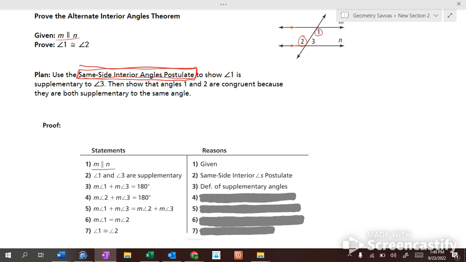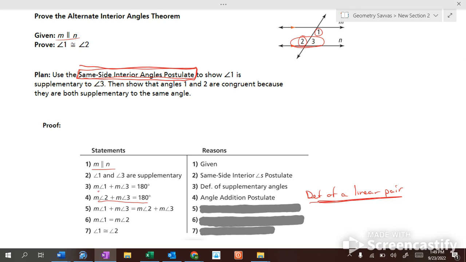Now, I don't agree with this next one. They say something different than I would say. Angles 2 and 3 add up to 180. What types of angles are 2 and 3? They are a linear pair. So what I would say is the definition of a linear pair. For some reason, they said it was the angle addition postulate. You know, which, yeah, you can maybe say that, but this is a much better reason.